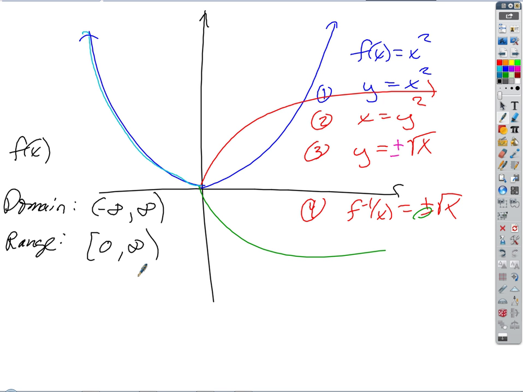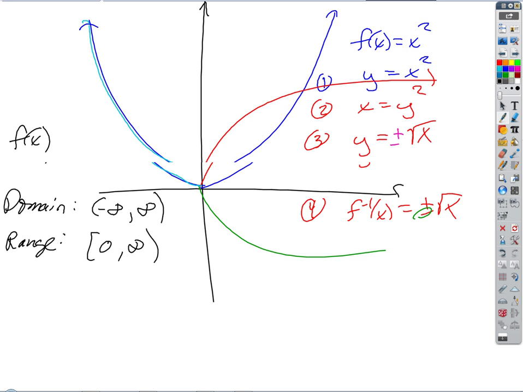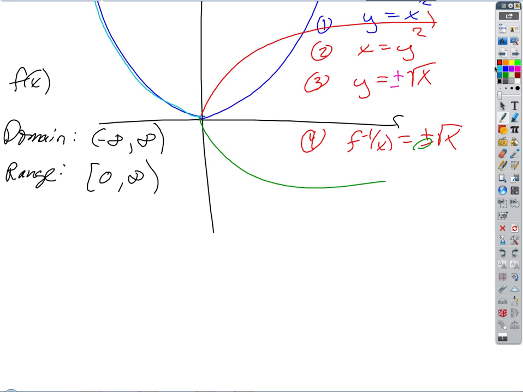Okay, let's take just the red square root function. If I take just the red square root function over here, we get f inverse equals the square root of x, just the red one. What's the domain?